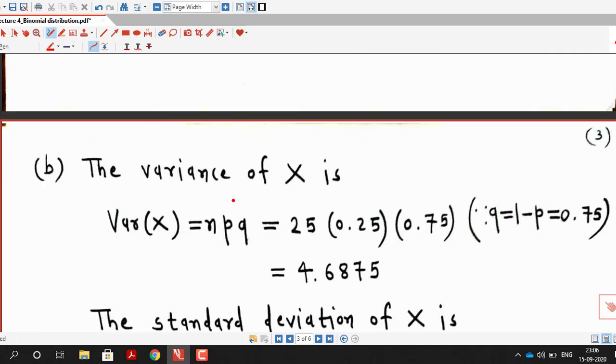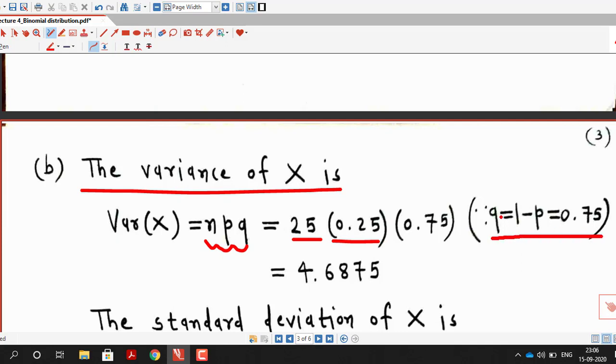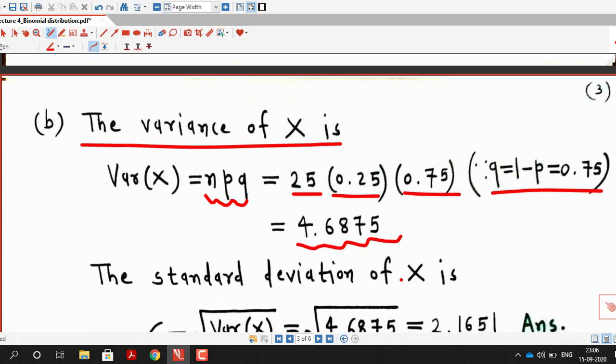Similarly, we have the formula for the variance of X. So variance of X is n into p into q. n is 25, p is 0.25, and q is nothing but 1 minus p, that is 1 minus 0.25, which is 0.75. So variance of X is 4.6875.